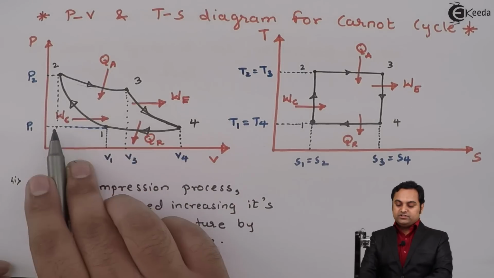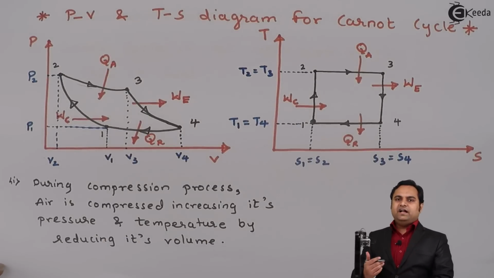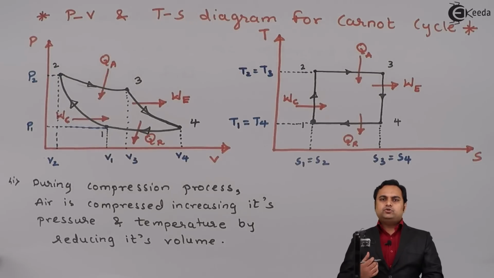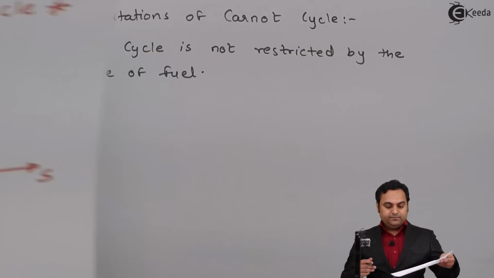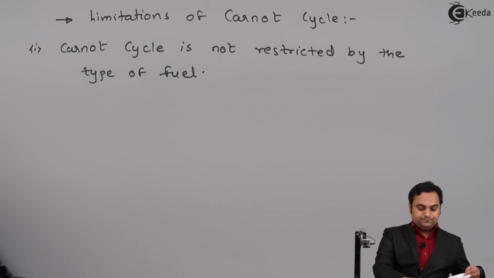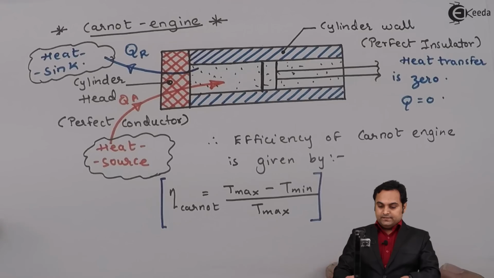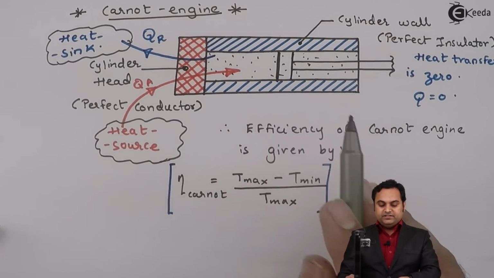Both the processes are isentropic, that is, heat transfer is 0, and for that purpose, if we want an engine such that the heat transfer is 0, we should not give time for the working medium, that is air, to exchange heat. It means the piston in the engine should move very fast so that there is no heat transfer.